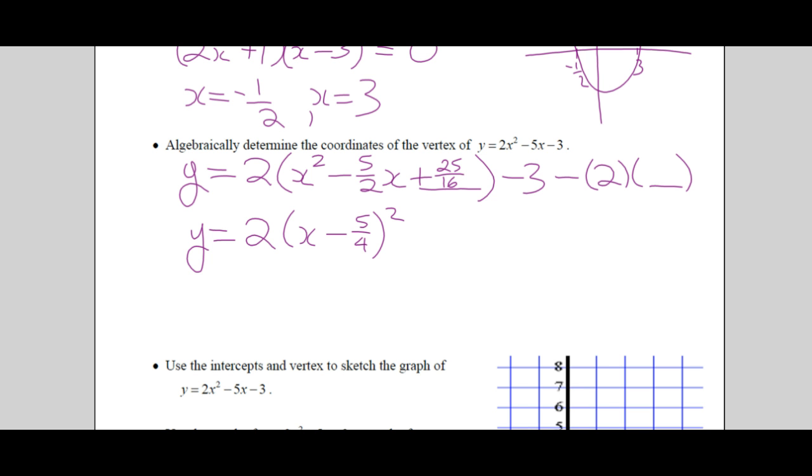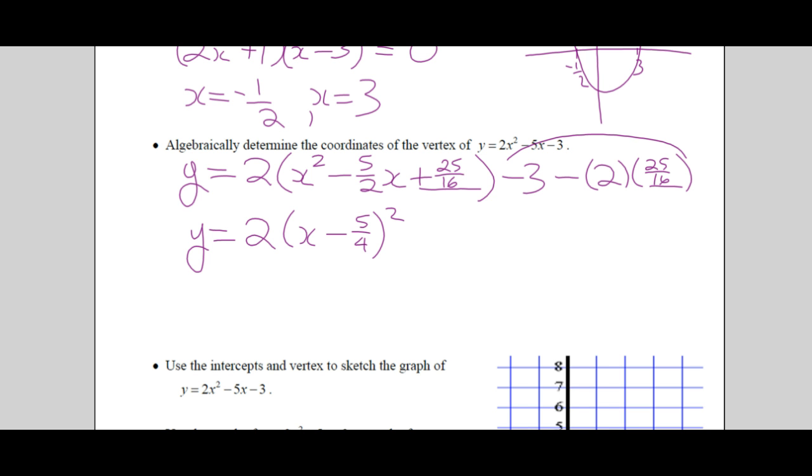Anyway, okay, so I need 25/16. Now I need 2 times 25/16, right? Now remember, I'm adding it, I'm subtracting it, but I got to multiply it by positive 2 on the way out. So it's minus 2 times that, right? Okay, so should we work this out? So what's 2 times 25/16? Redeem yourself. Now the denominator is an?